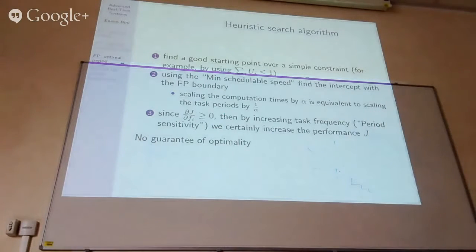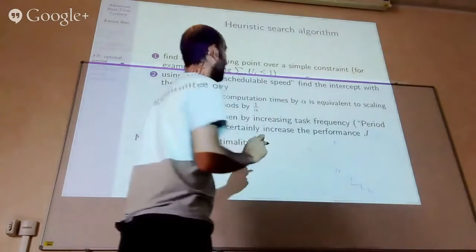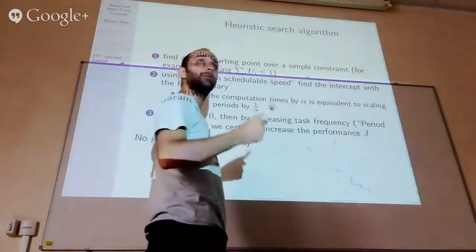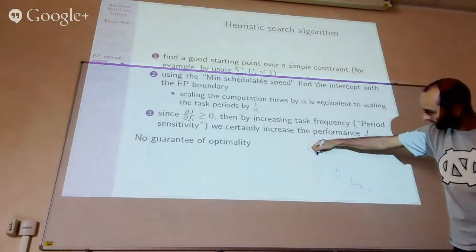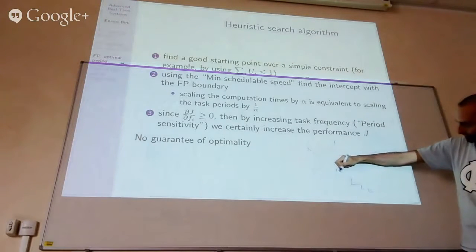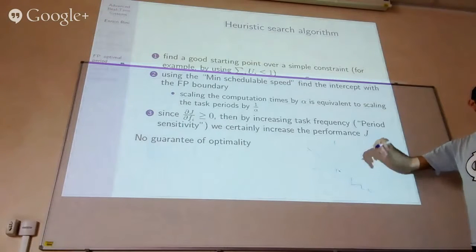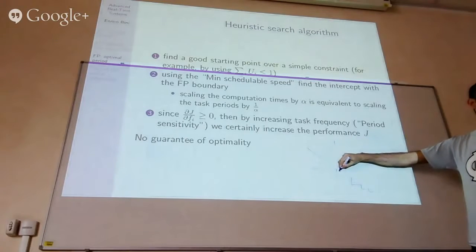Then what do we do? We use the sensitivity analysis to find the minimum scaling that we need. We solve the problem on EDF. On EDF, the constraint is linear, so we can solve it very easily. So we can find easily this point.